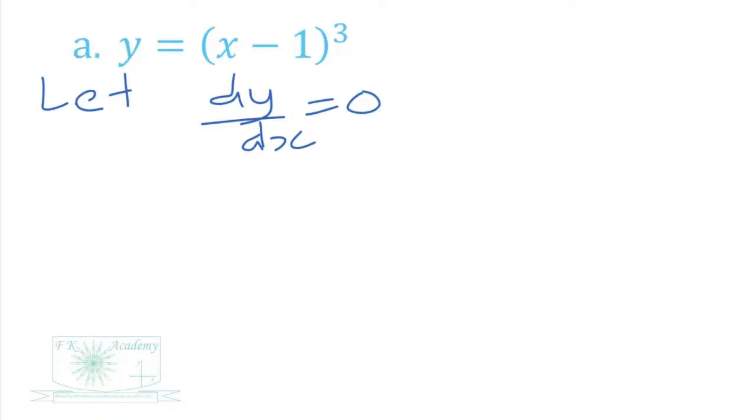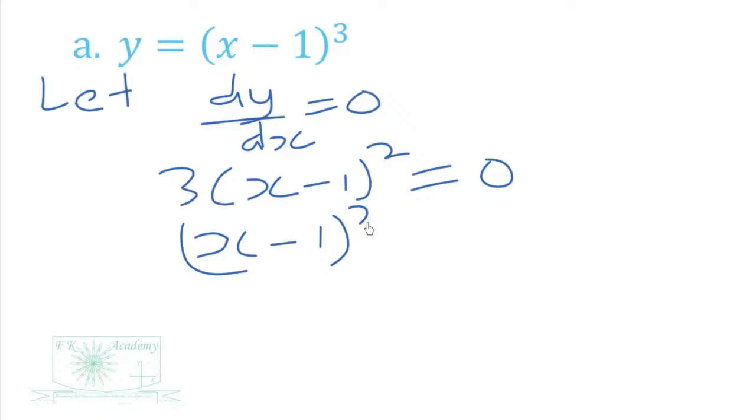This implies that 3 into bracket x minus 1 squared is equal to 0. So this will give us 0 over 3, which is 0. So we have x minus 1 equals square root of 0, which is also 0. Plus or minus square root of 0 is 0. Then this will give us x to be equal to 1.